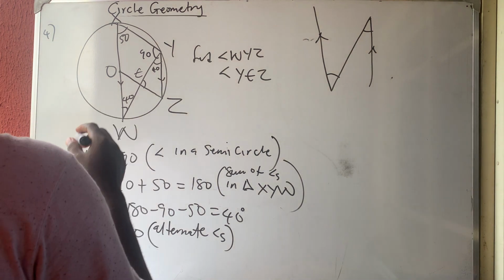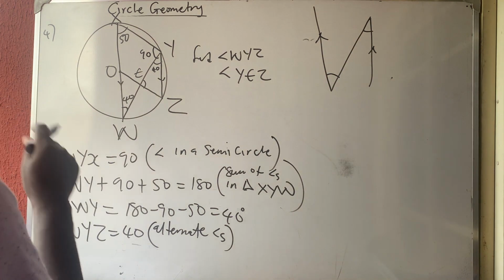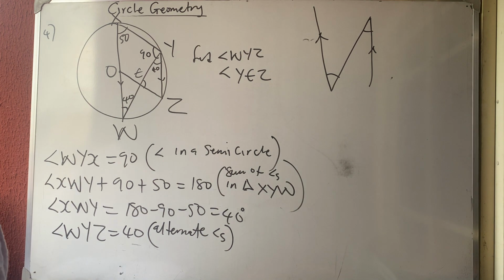So the problem is how to get here now. To get this point, what do we do? We know that angle at the center is twice angle at the circumference. Can we use that? WOZ.